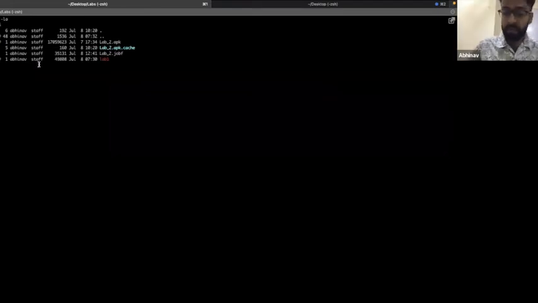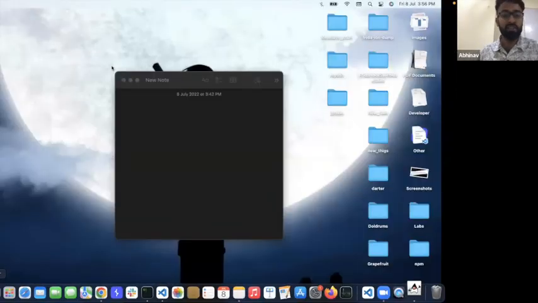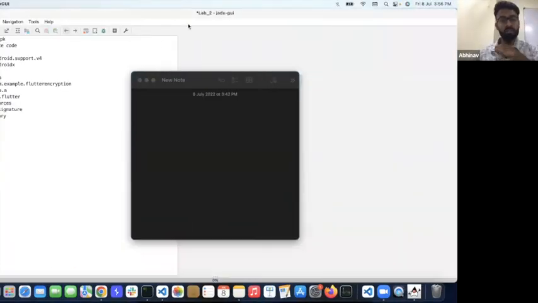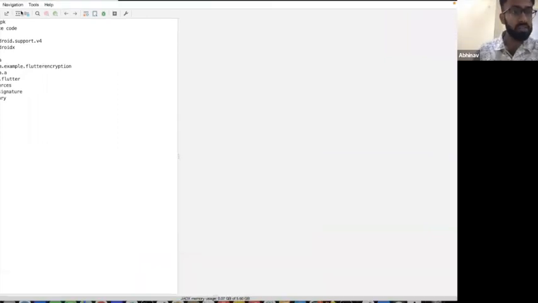So since it is an APK, the first thing I'm going to do is I'm going to run JADX on it. JADX is an open source tool again, which converts Dalvik and Smali code to human readable Java code. This is also open sourced, so let me run JADX and let us analyze what we see from here.